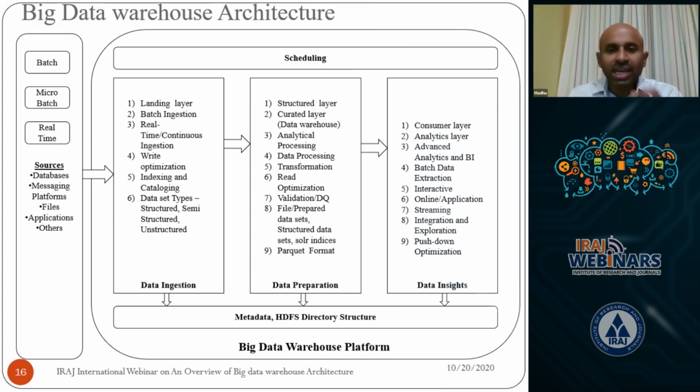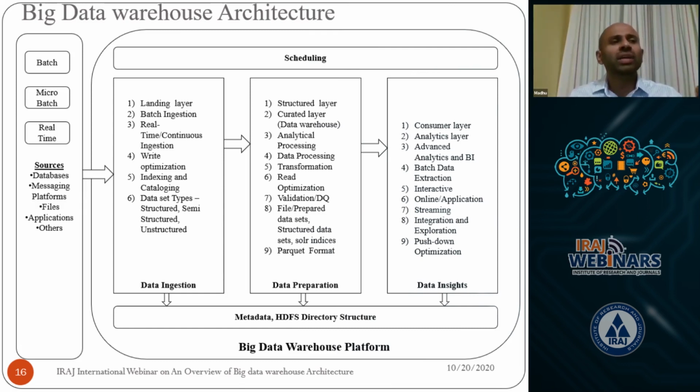Data preparation. The main requirement of this data preparation block is to prepare the data and store it into the data warehouse. Finally, the data insight block. The main functionality of this particular block is to allow the data for consumption and analytics. That's the requirement of the data insight block. Metadata. Why is metadata such a critical part of big data warehouses? Because everything in big data is files.